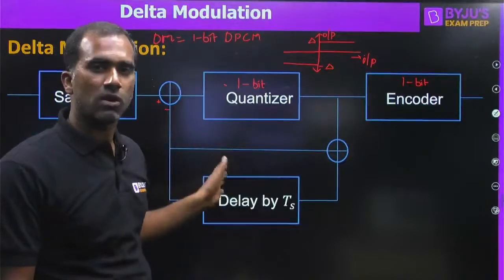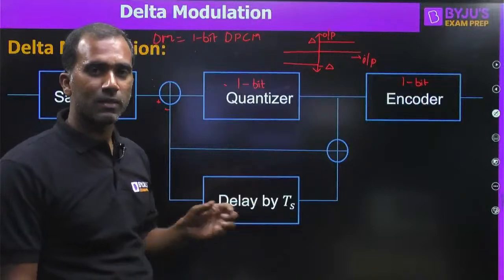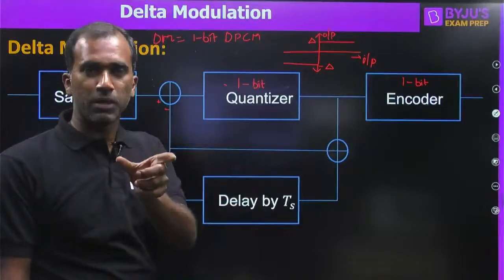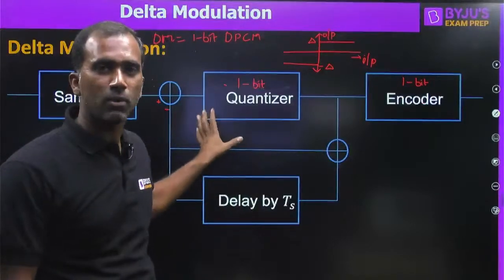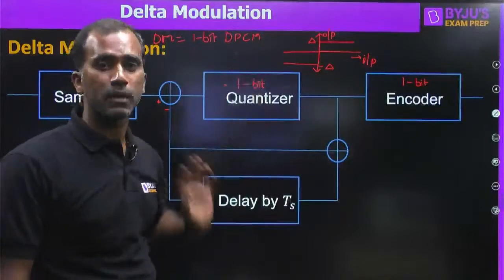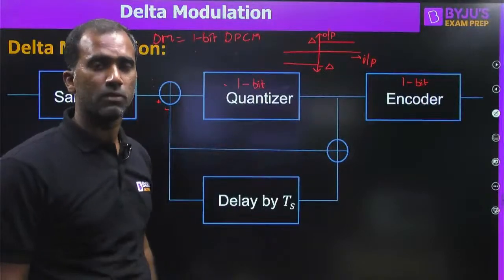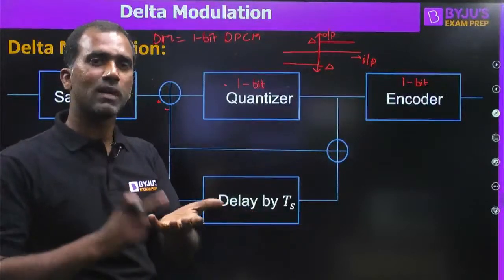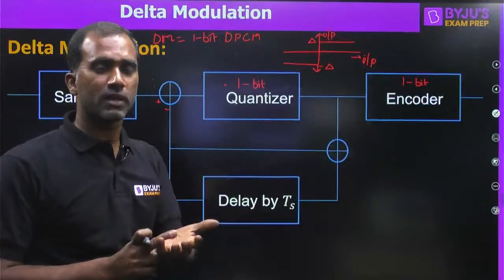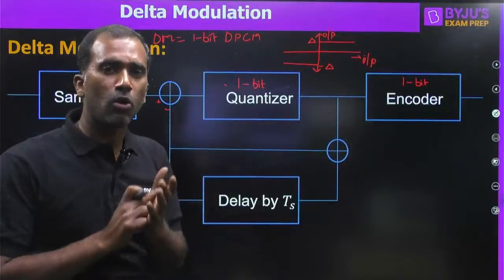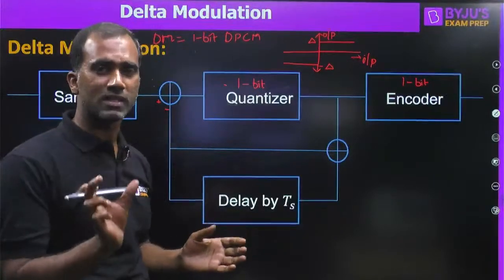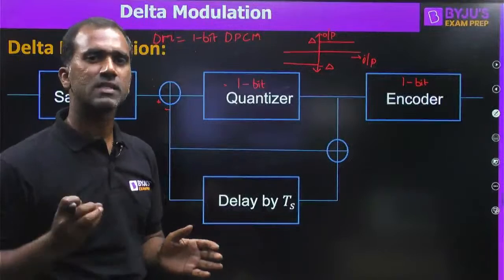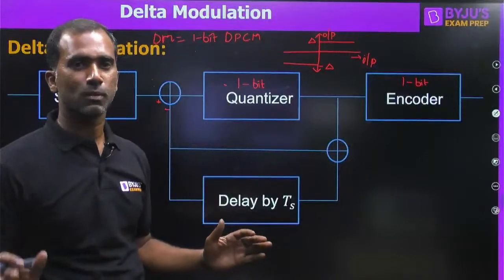That kind of modulation is not happening here. The modulation definition that we use in communication is not happening here. In delta modulation, there is no modulation happening. We're only doing analog to digital conversion. All these 4 techniques, PCM, DPCM, delta modulation, adaptive delta modulation, are basically not modulation techniques, though the word modulation is there. They are just analog to digital conversion techniques. Mind this point.